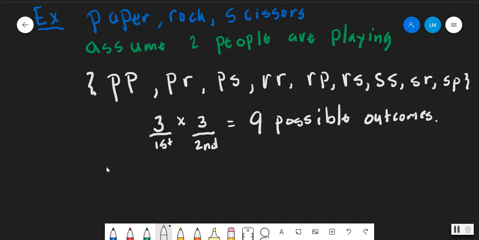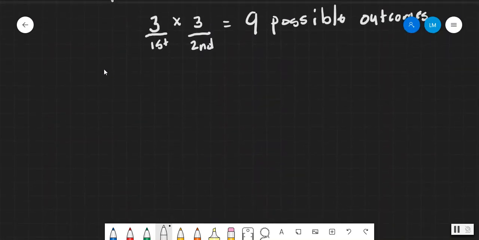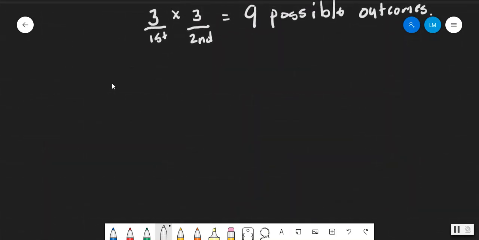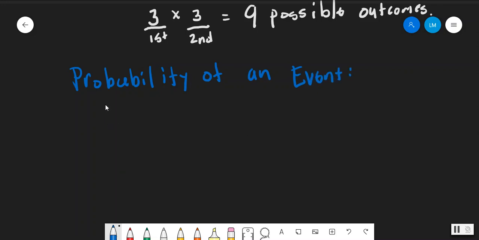Now, our goal is to figure out how to find the probability of any event. When we look at the probability of an event, we can take the probability of any event that we call E, and it has to be the count of the event divided by the count of the sample space.